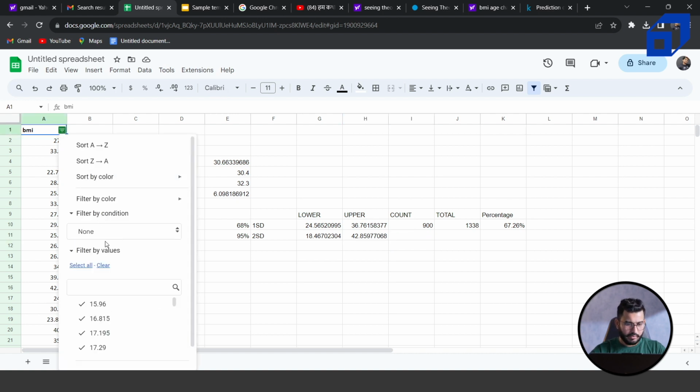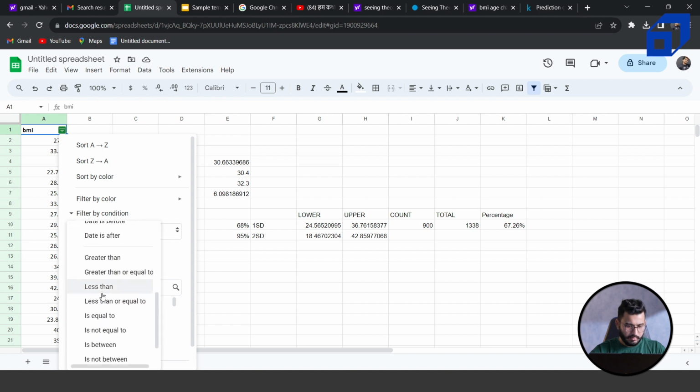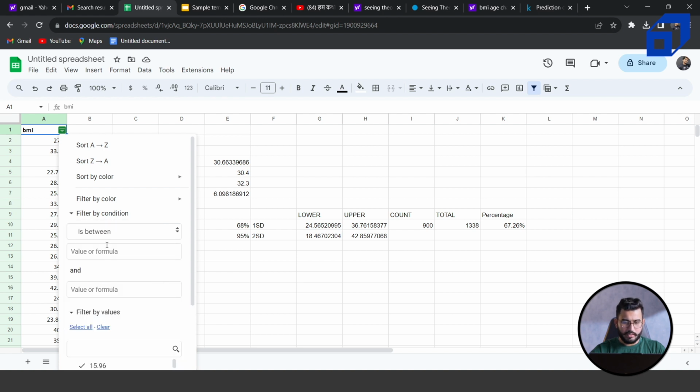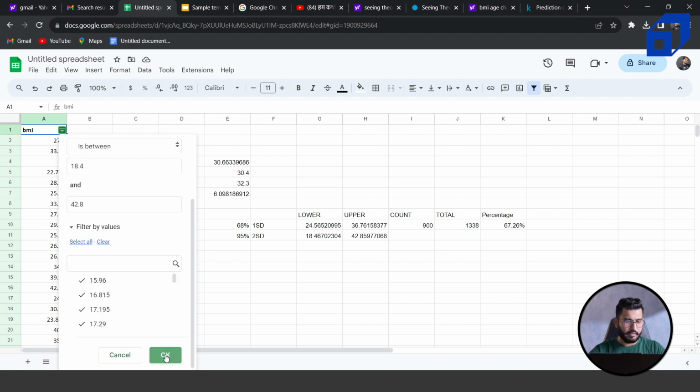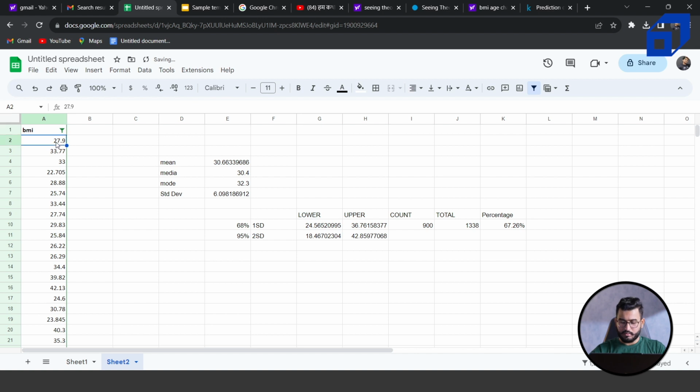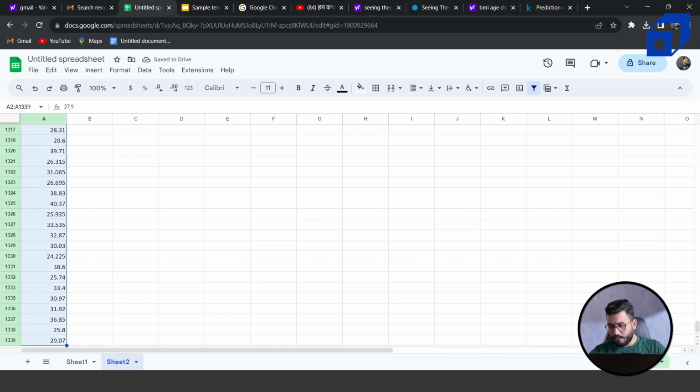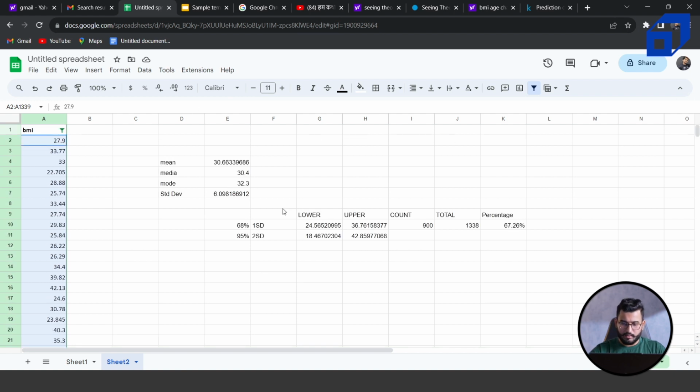My condition is between, my lower limit is 18.4, upper limit is 42.8. I'll click OK, and I will now count. The count is 1281 data points. So let's quickly write it down over here.